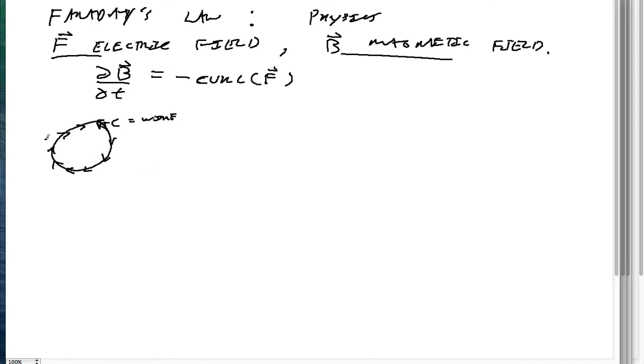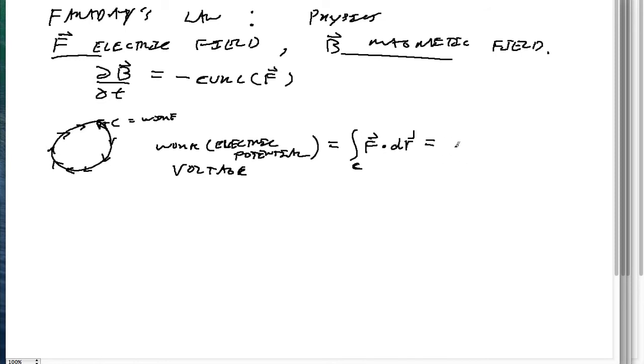Okay, and we stated that the work, and now we're going to think this is actually going to be an electric potential, is equal to pushing our charge. We're going to push some charge around this loop according to the electric field, dr. So that represents a voltage.